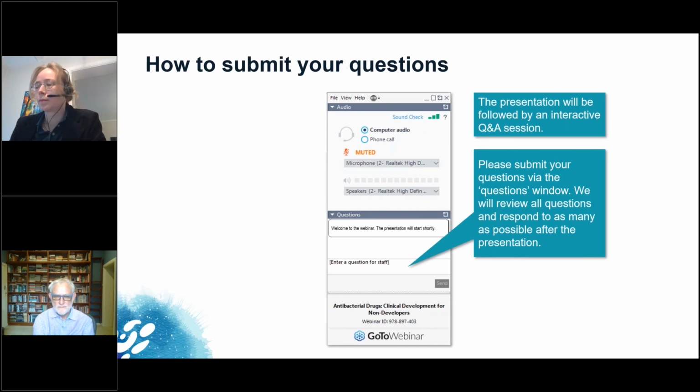Are PK/PD breakpoints, theoretical PK/PD breakpoints, automatically valid for any species and only related to the MIC, or do different species have traits that would encourage us to actually look at them separately?